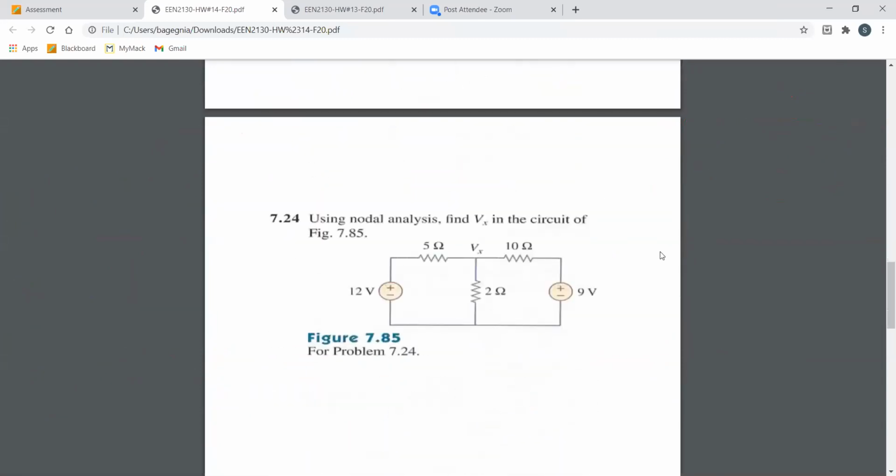Okay, let's see here. How about this? Okay. Again, I want you to pay attention here. Same problem here, but I switch the polarity here, even for the 12.